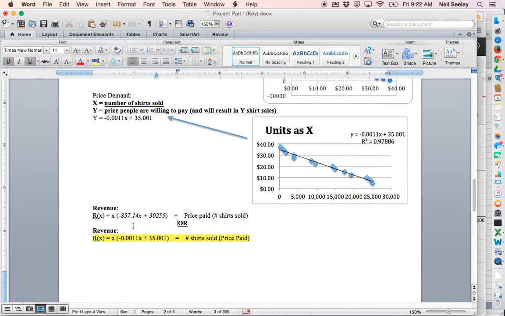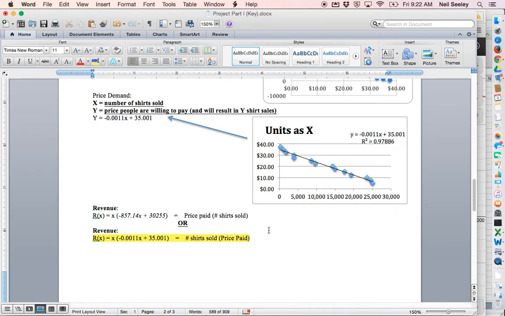It's a valid function. If you chose X to be the number of units sold, then your demand function was spitting out a price that people are willing to pay. And when you multiply them, you get a valid revenue function. Both of them are valid. They graph and give you information that's accurate. I like the one on the bottom here. I chose it. I prefer to think of X as the number of units sold.